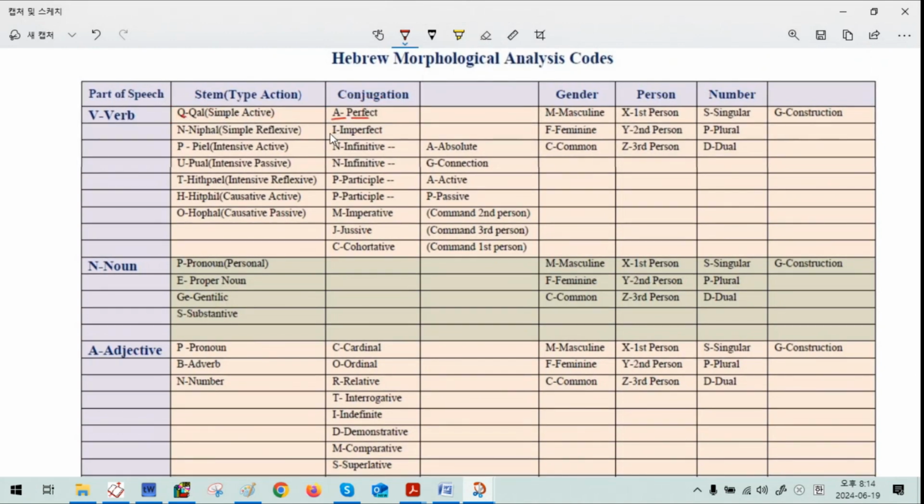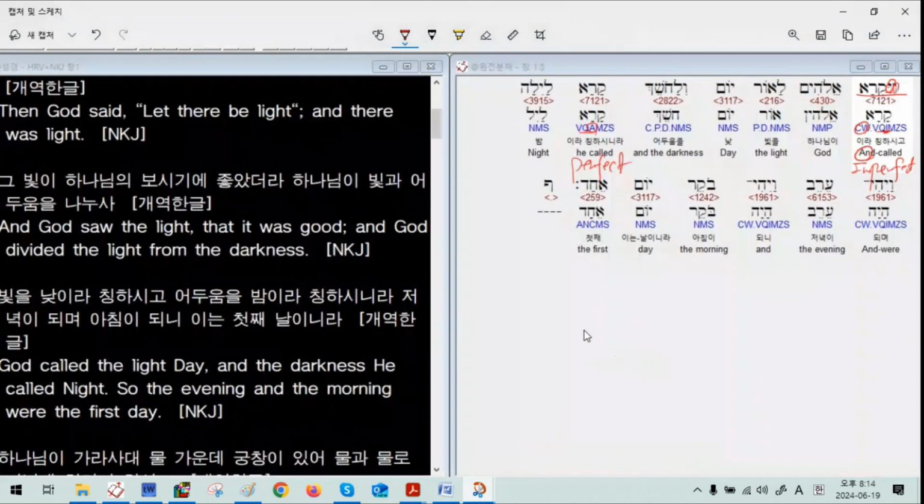BQA is perfect, BQI is what? Imperfect, okay? So BQI imperfect, BQA perfect. Look at the English, how they translate it. Verse 5. You see, cold, cold. This is an imperfect, right?